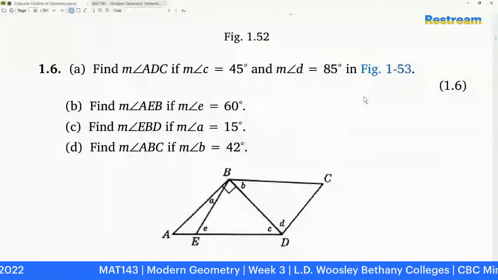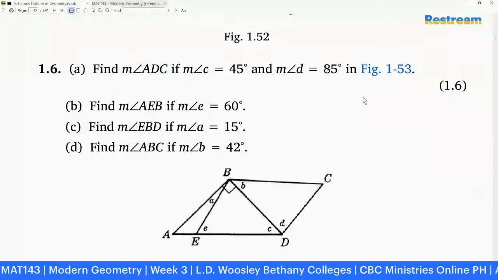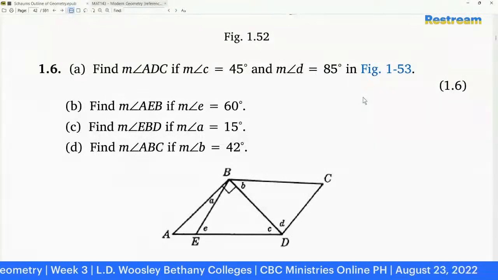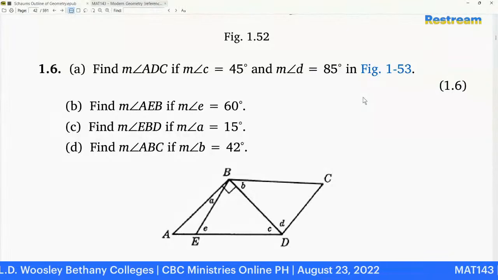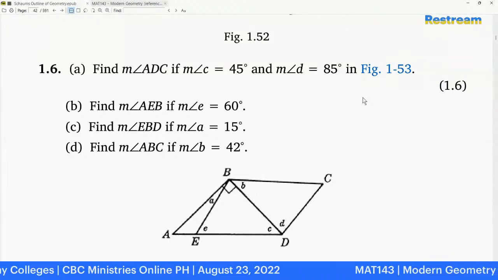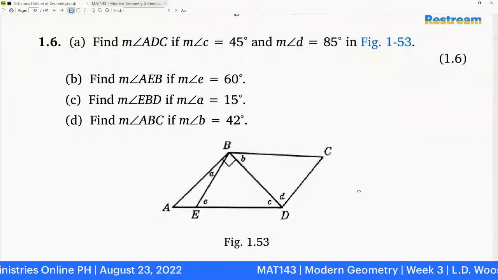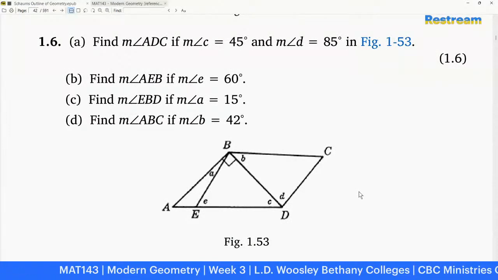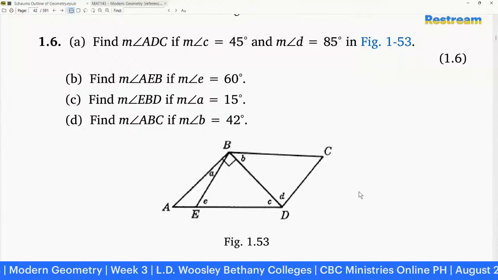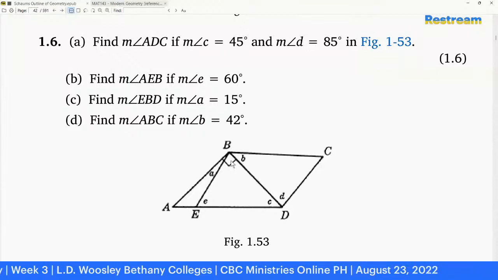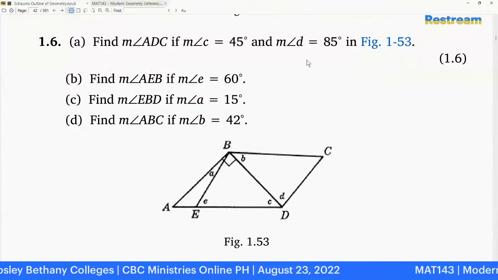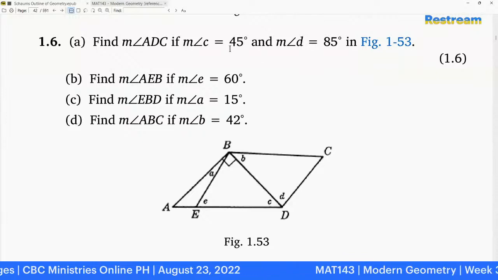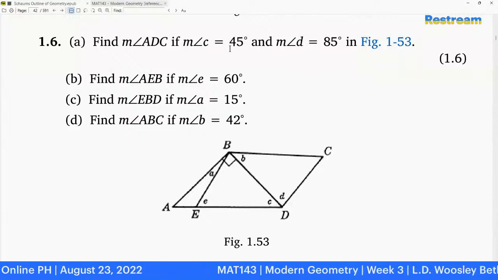Okay, after Gillian, Acel again for 1.6A. Find angle ADC given the measurements. 130. Yes, so yung ADC, it's 130 because a combination of 45 and 85. Right.